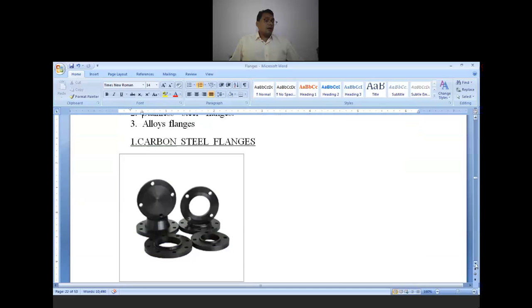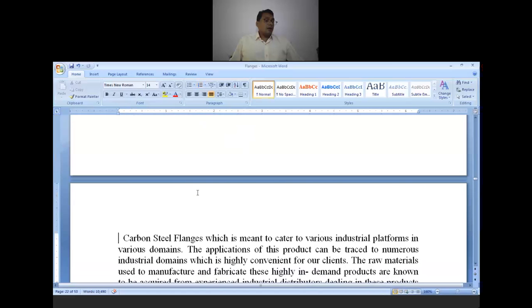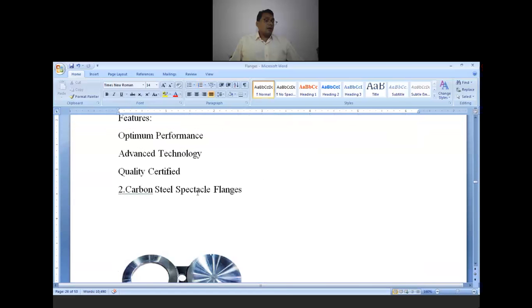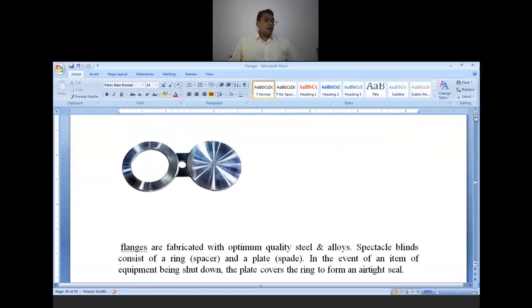Then there is a blind and spectacle arrangement that is also provided. This is a blind flange on one end and this is a spectacle. Yes, this is the actual figure of the blind and the spectacle.